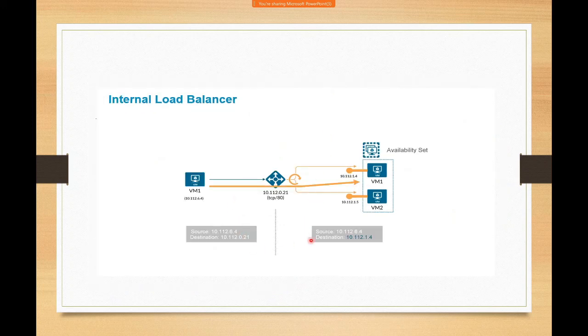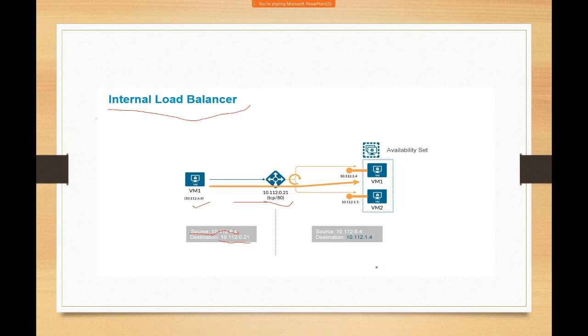As I was explaining, see the traffic flow here. The source for this traffic flow in case of the internal load balancer will be 10.112.6.4, which is your IP address inside Azure, and the destination will be 10.112.0.21, which is the front end IP of the internal load balancer, right?